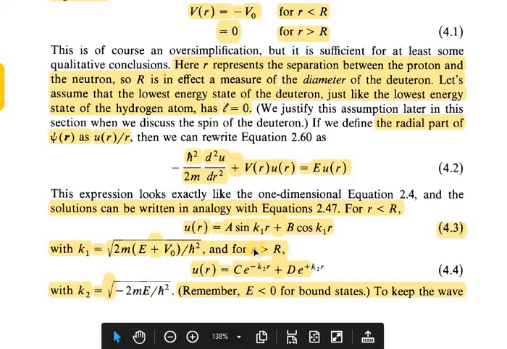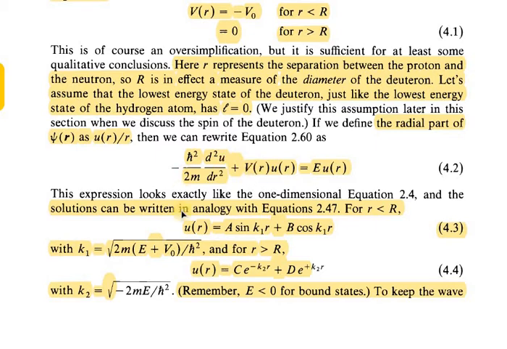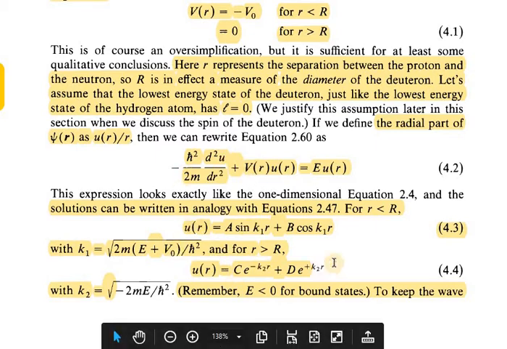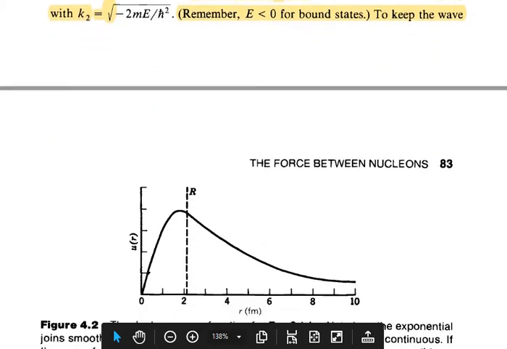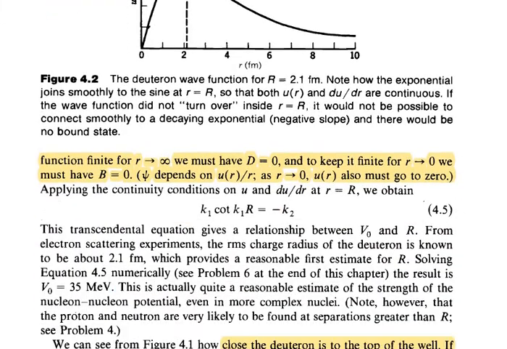Remember that E less than 0 for bound state. It means E is negative for bound state. Therefore, just take this as an assignment and solve this second order differential equation and find whether you are getting these solutions. Then submit.